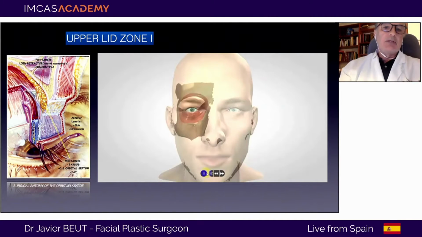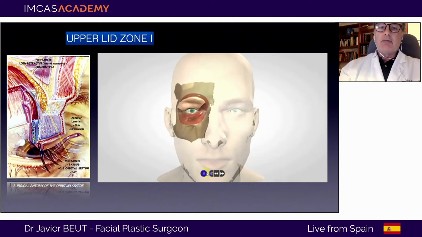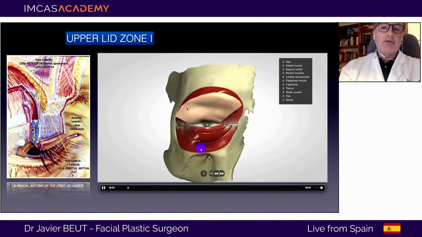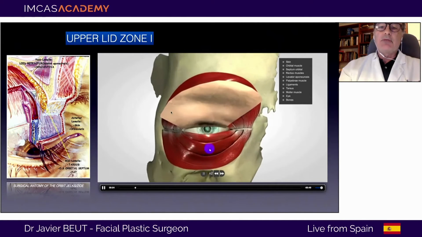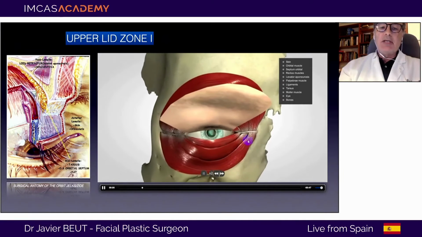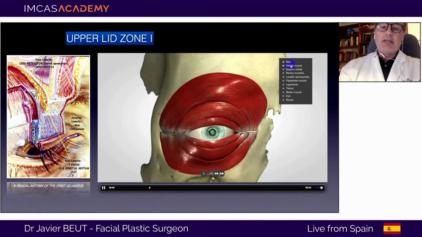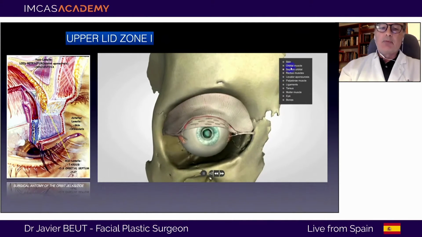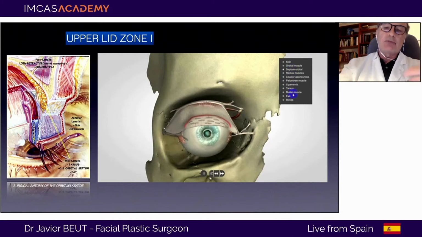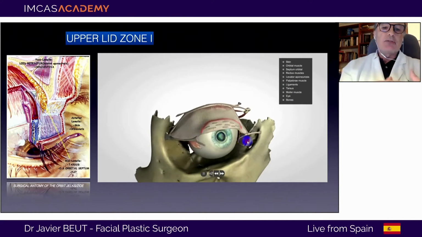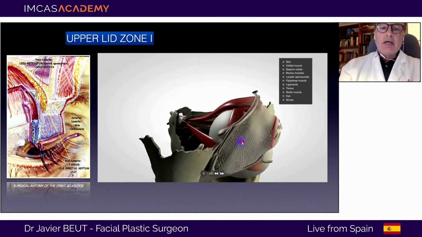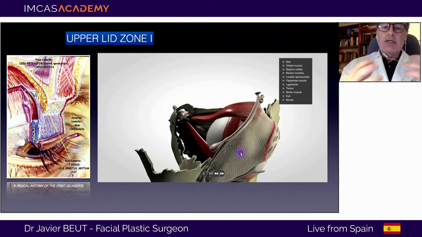In the upper lid we have important things. We have these 3 lamellae, as you can see here. The external one is the skin and orbicularis.